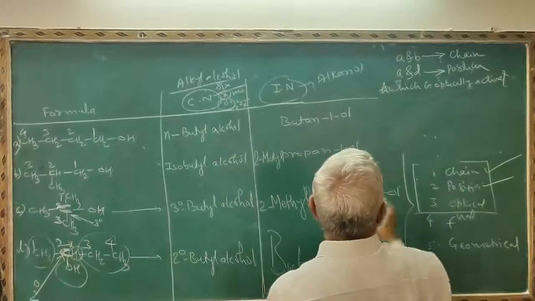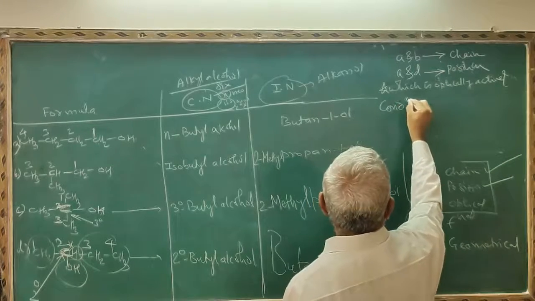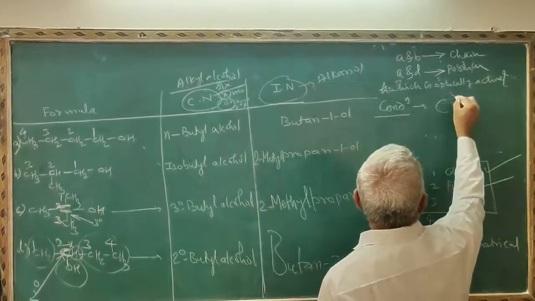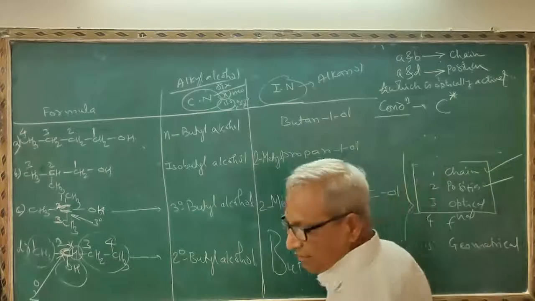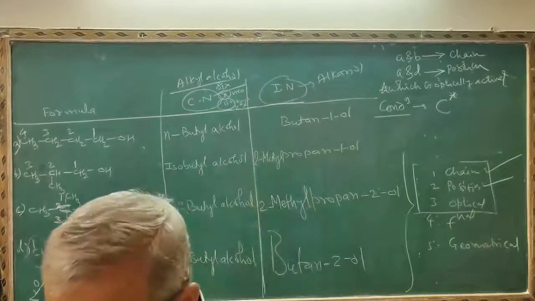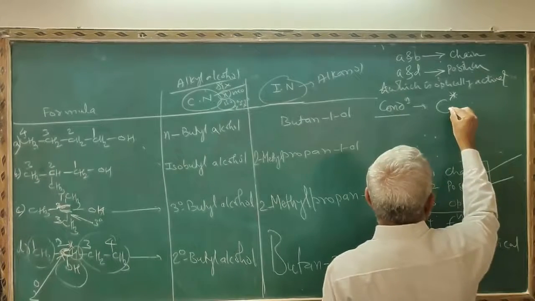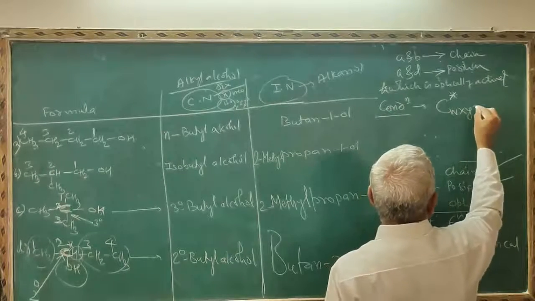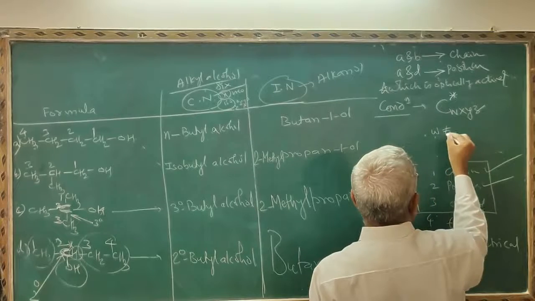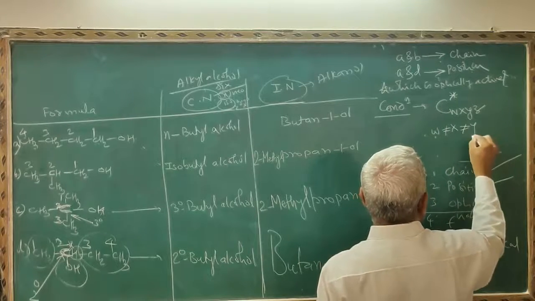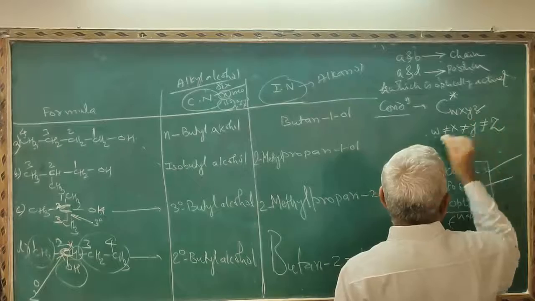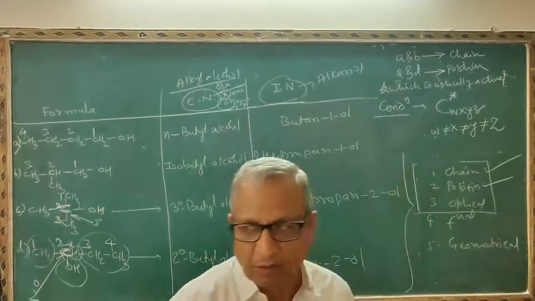What is the condition for optical activity? The compound must be chiral, or compound must contain the asymmetric carbon atom. What is the meaning? The carbon attached to W, X, Y, Z, where W is not equal to X, is not equal to Y, is not equal to Z. That is called as optically active.